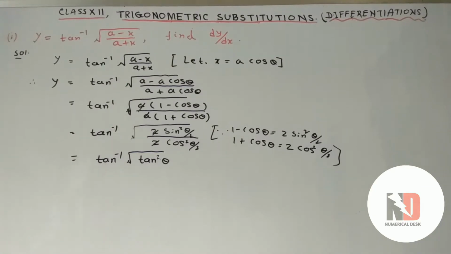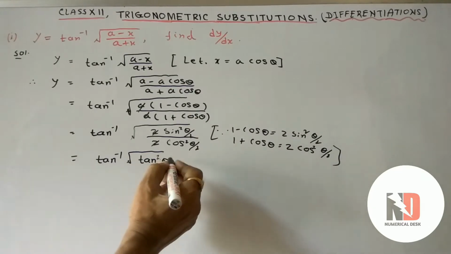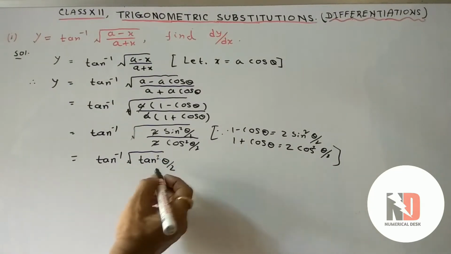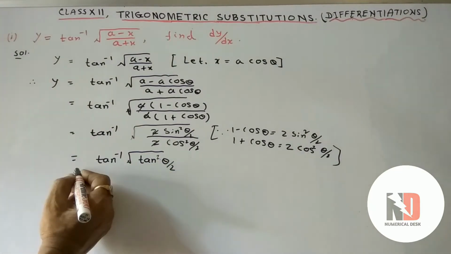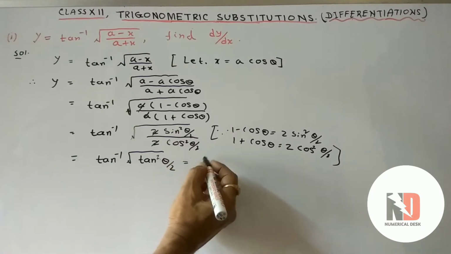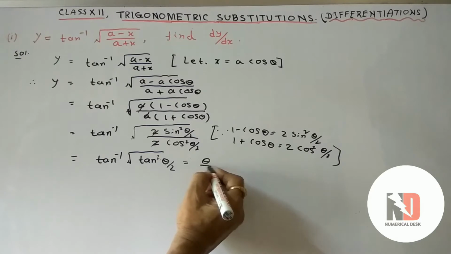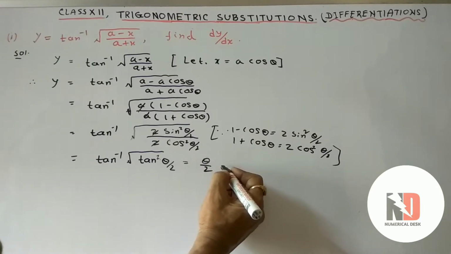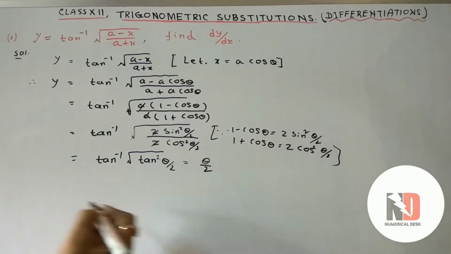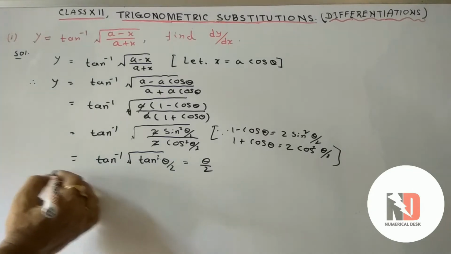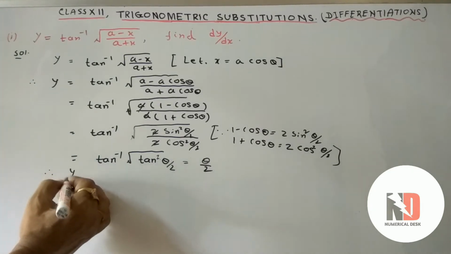So it is tan theta by 2 after the square root is removed. So it is equal to theta by 2 only, because tan inverse tan x equals x, as in previous sums. No problem to do here.